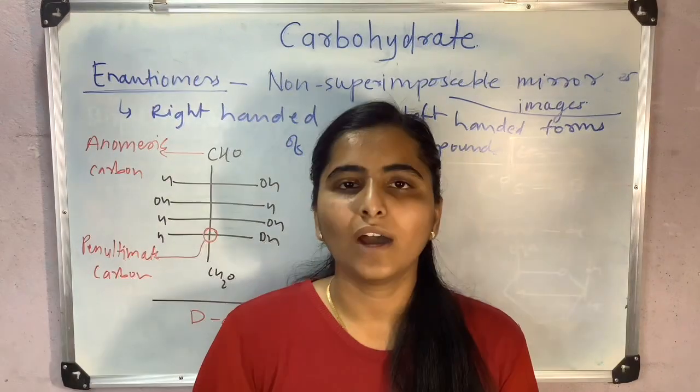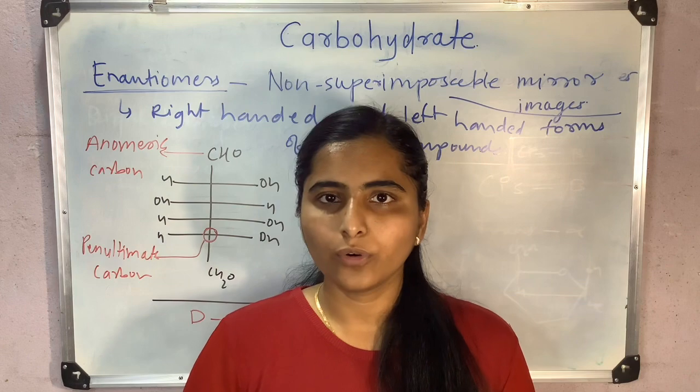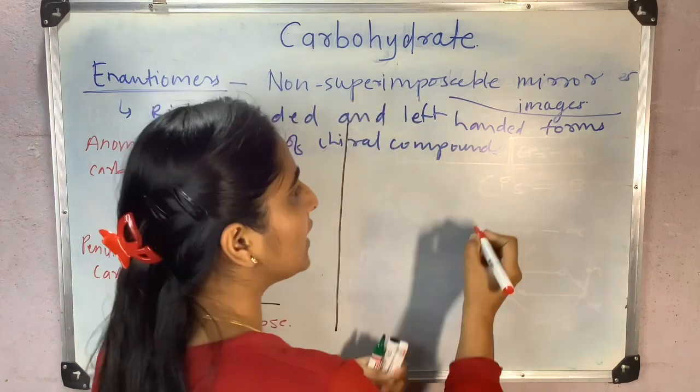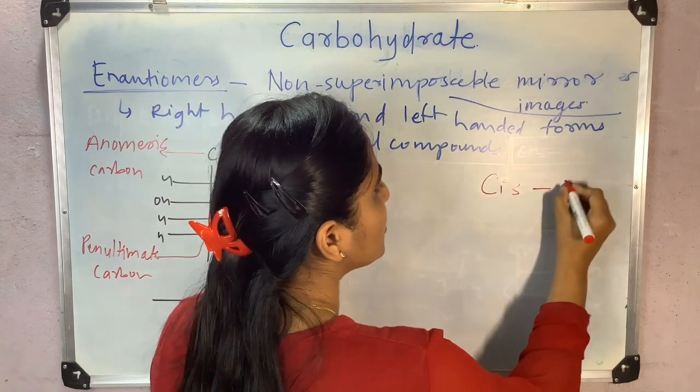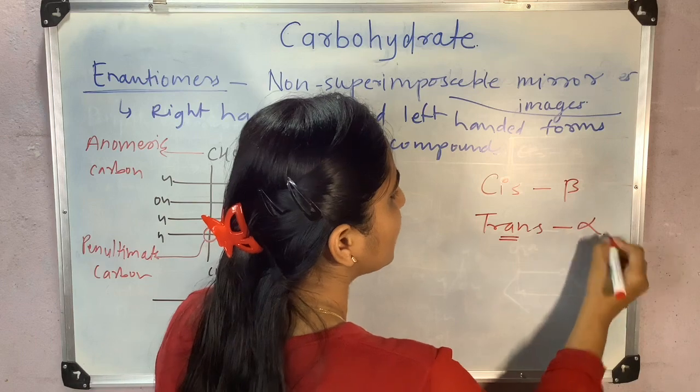Now I will tell you how to know whether the structure is alpha or beta, and before going to understand alpha and beta structure, remember one thing: if there is a cis form, then the structure is beta, and if there is a trans form, then the structure is alpha.